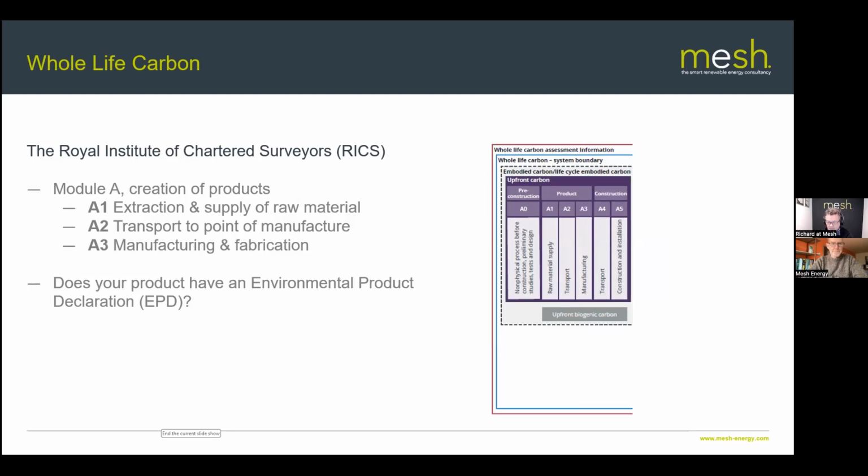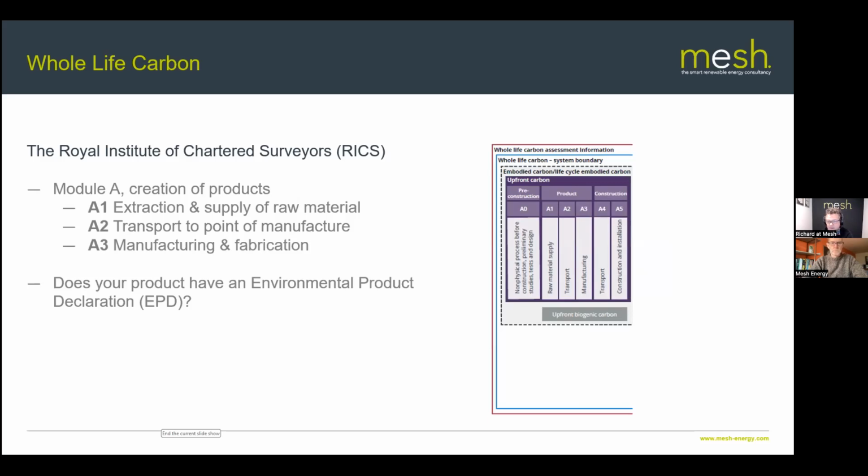Now, the reason the transport is important is that at the moment CLT comes from the Alps or Scandinavia. So there are higher carbon emissions associated with sea transport, for example, and then road transport. And then we get into the construction phase.